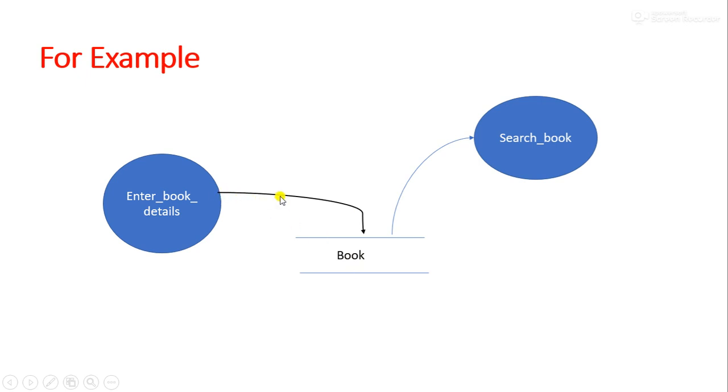So here we don't need to write any name, because all the data available in this book can be used by this search book. So we don't need to write the name of data in this arrow. So this is how we can use the data store and represent the flow of data between process and data store.